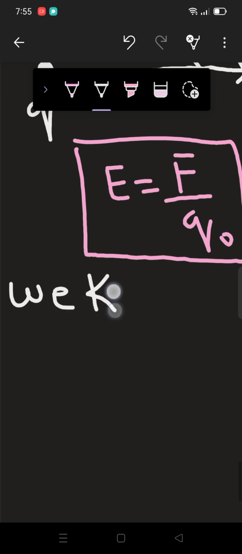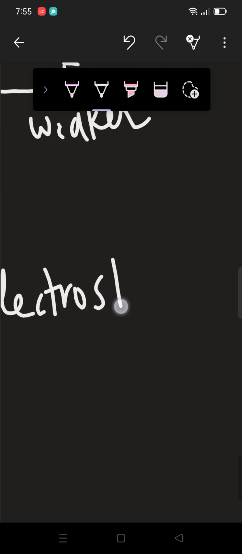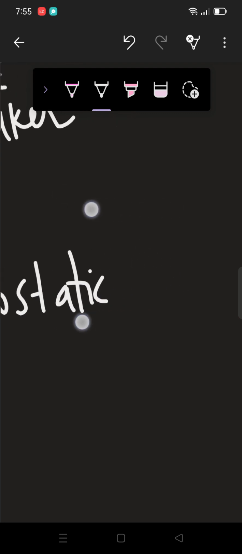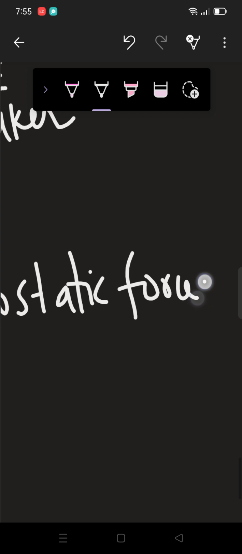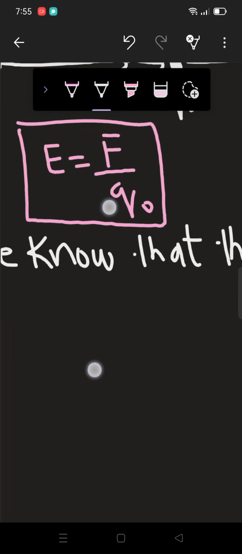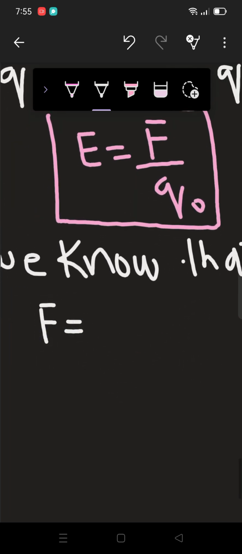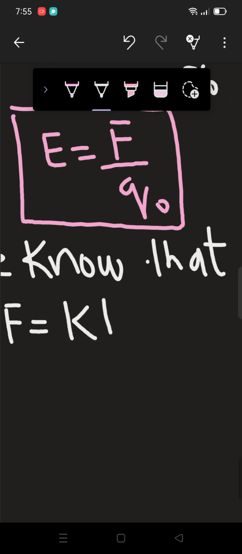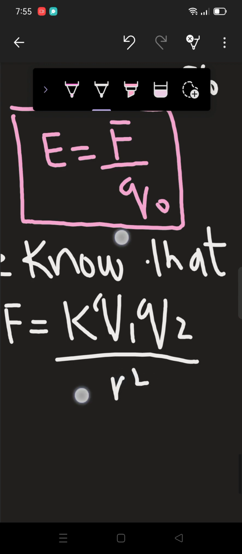We know that the electrostatic force, also known as Coulomb force, is F equal to K Q1 Q2 over R square.